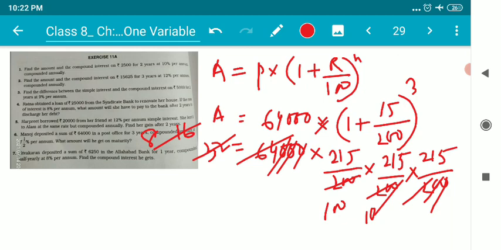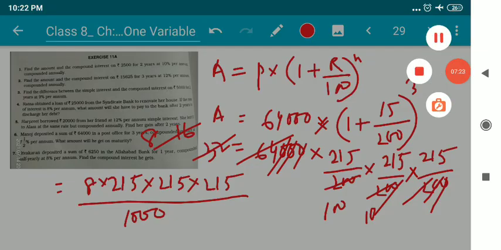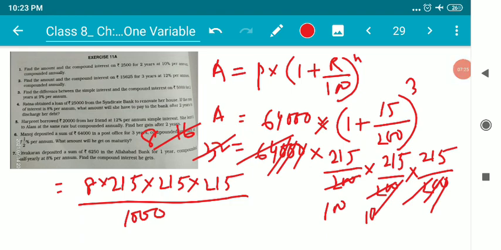Why am I doing it? I just wanted to make it simpler. So what I'm having over here is 8 into 215 into 215 into 215 divided by 1000. So the product of 8, 215, 215, 215 will be 797507000 by 1000.